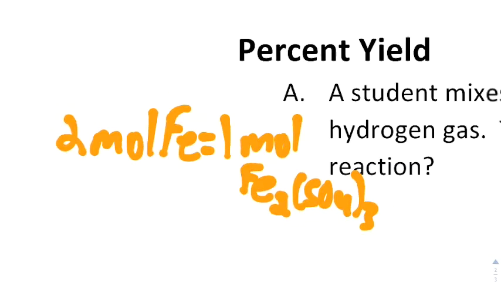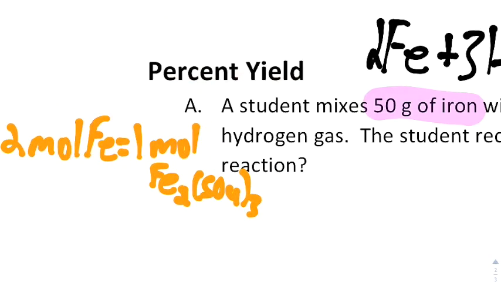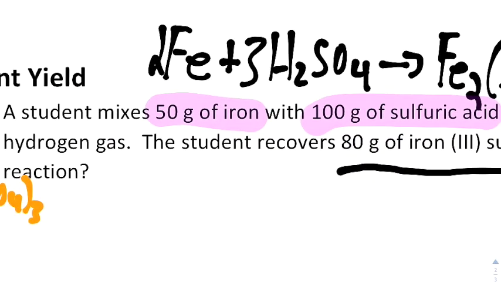And then our other conversion factor, since we're starting with grams of iron and we're going to grams of iron 3 sulfate, and we know that we're going to grams because we have 80 grams of iron 3 sulfate.